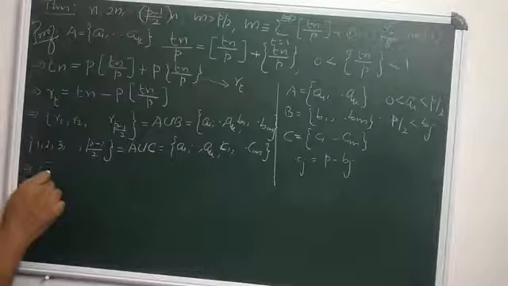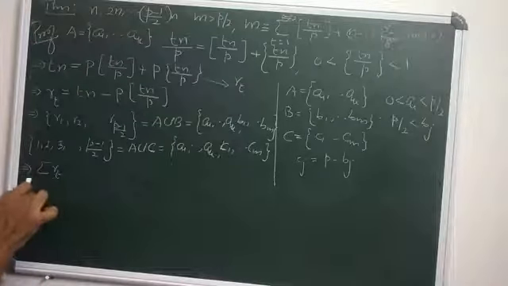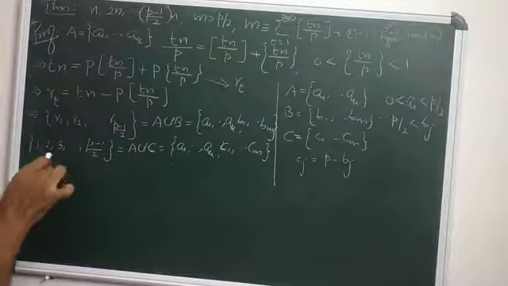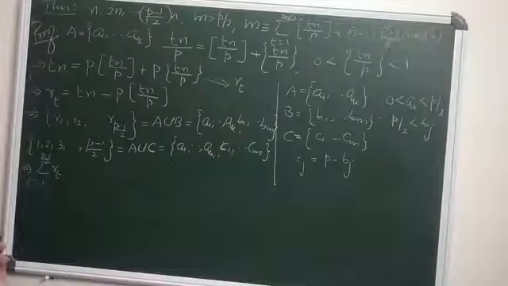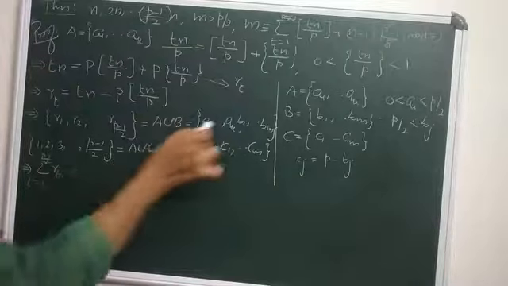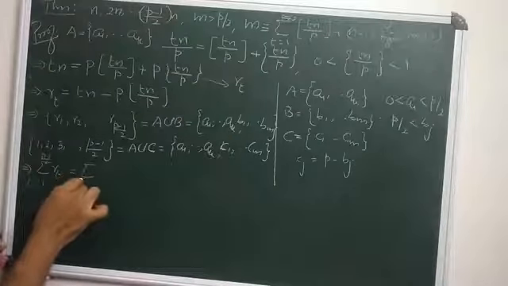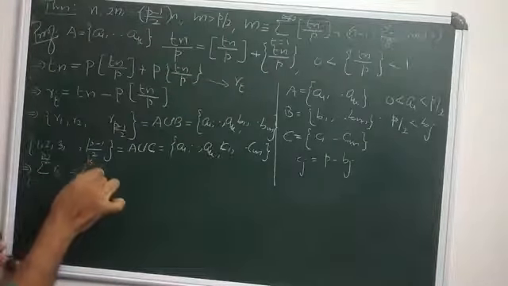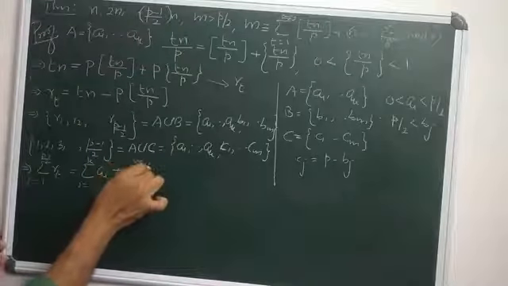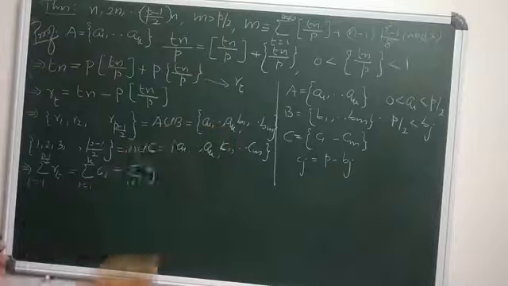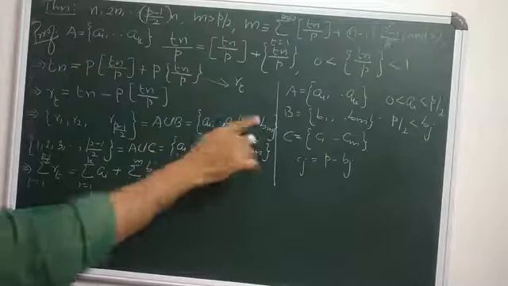That is sigma Rt, where T ranges from 1 to (P minus 1) by 2. R1 plus R2 plus etc. plus R(P minus 1)/2 equals sigma I ranges from 1 to K of Ai plus sigma J ranges from 1 to M of Bj, that is A1 etc. Ak plus B1 etc. Bm.